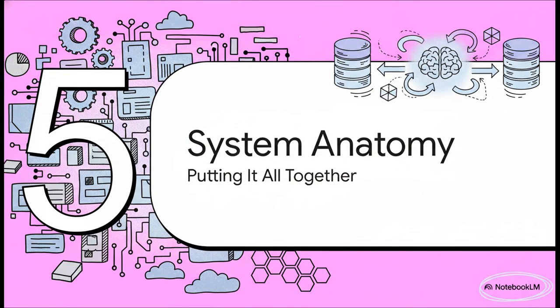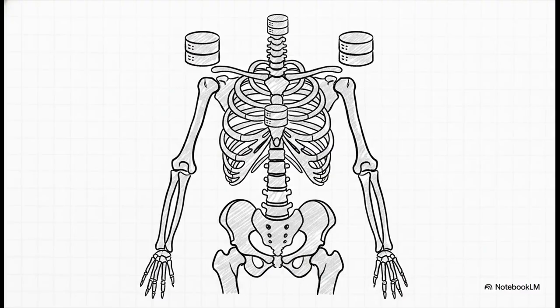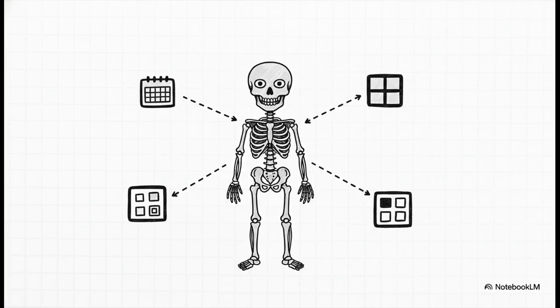Okay, so let's just zoom out for a second and put all this together. Over the last few days, we've basically been assembling the anatomy of a powerful digital workspace. On day 3, we built the skeleton, right? Those are our master databases, the strong structural bones that give our entire system its shape. Then on day 4, we gave that skeleton senses.